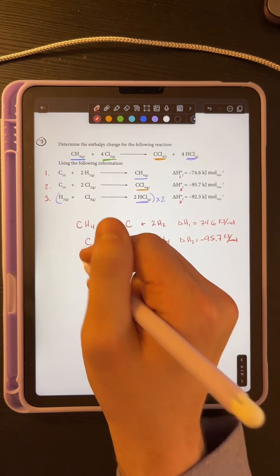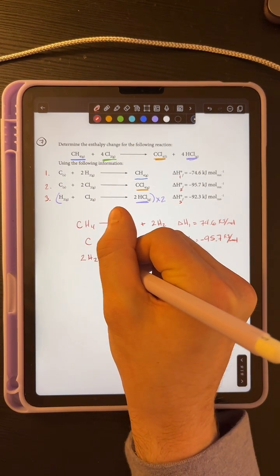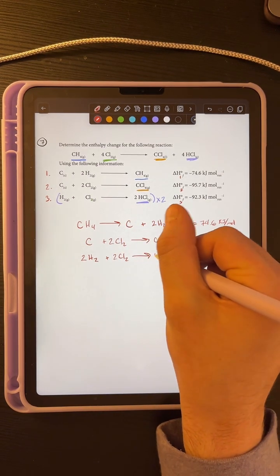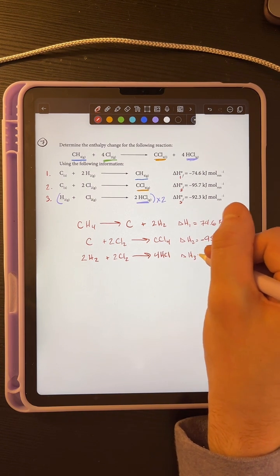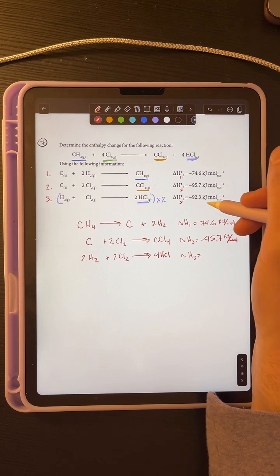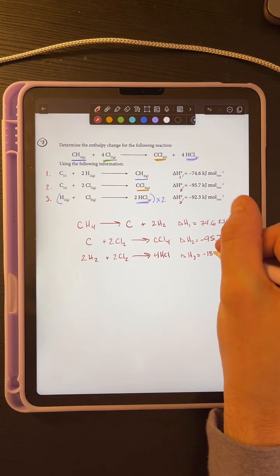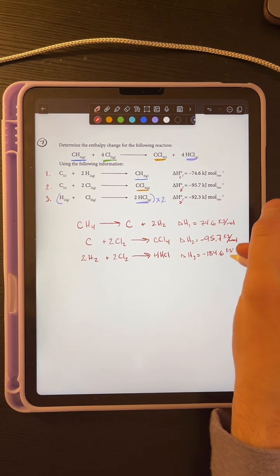Because we're multiplying everything by 2, this now becomes 2H2 plus 2Cl2 goes to 4HCl. And because we multiplied our whole reaction by 2, our delta H3 also gets multiplied by 2, and that gives us negative 184.6 kilojoules per mole.